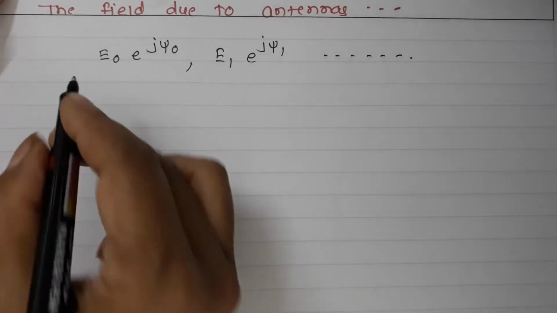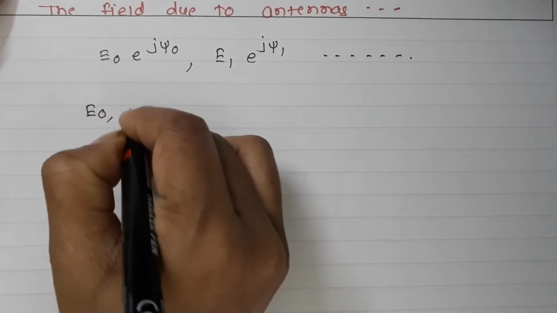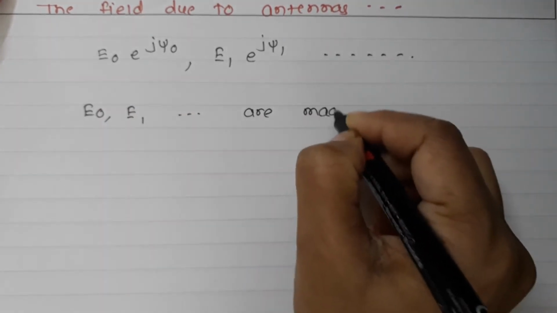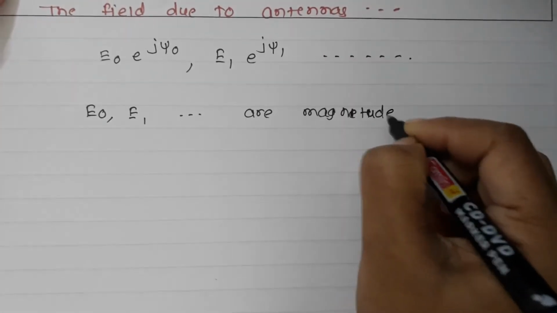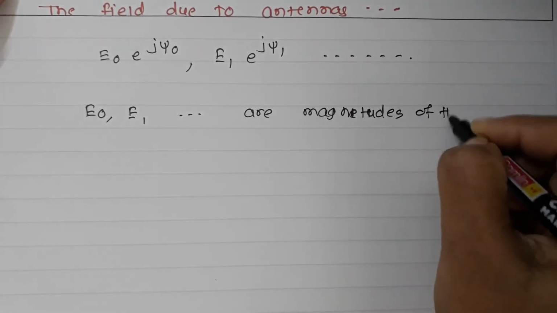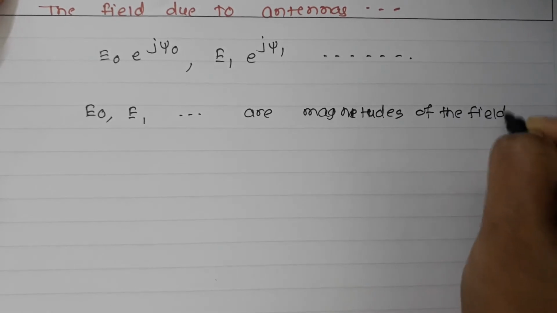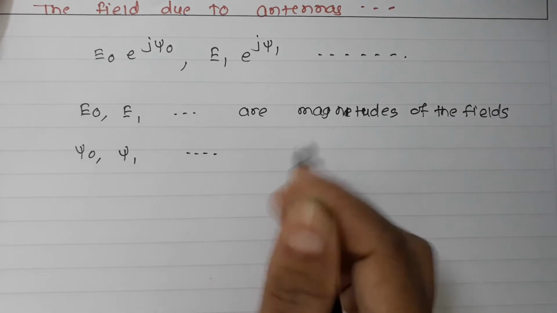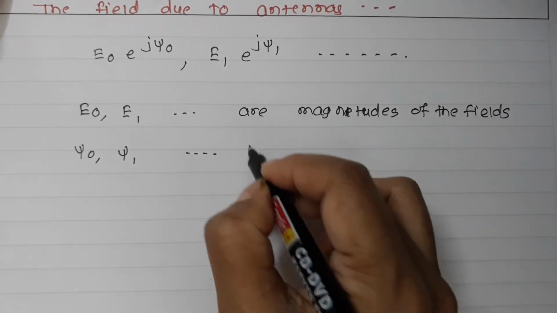Now let us see the meaning of these terms. E0, E1 are magnitudes of the fields, whereas psi 0, psi 1 are the phase angles.